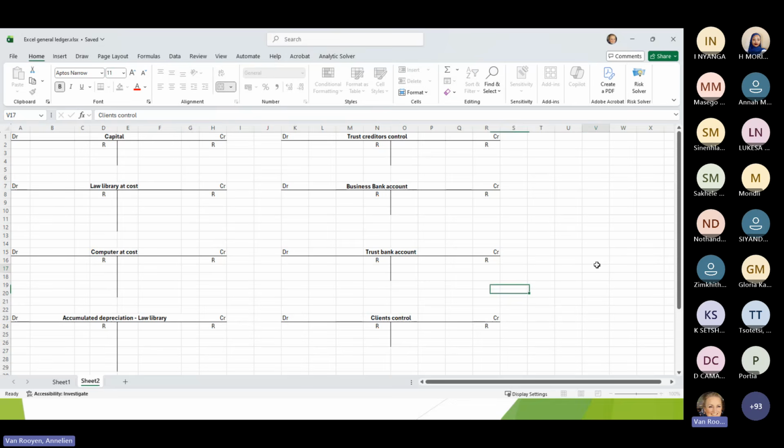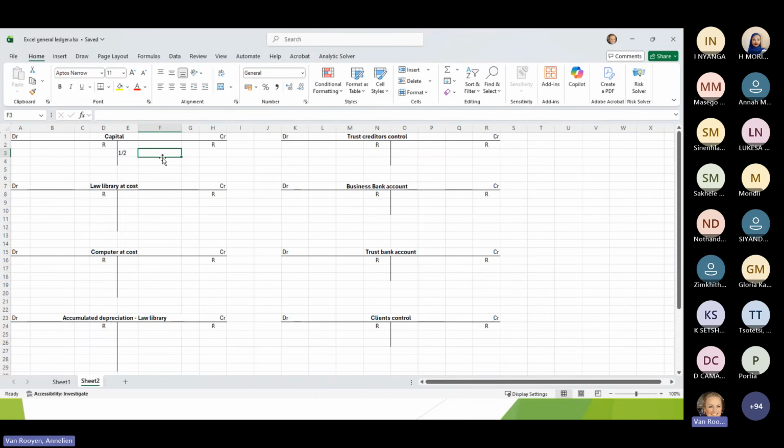Okay, so if we look on the list, the following is a list of balances per the general ledger of Africa Attorneys at 31st January 20.6. So this is now at the beginning of the current month, which is February. It tells us we have capital, we have a credit, and we've got a balance. So it must be on the 1st of February.